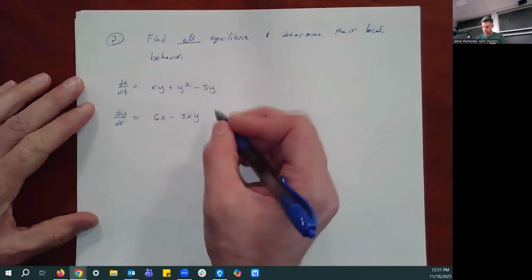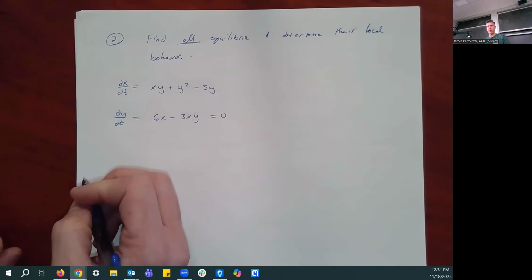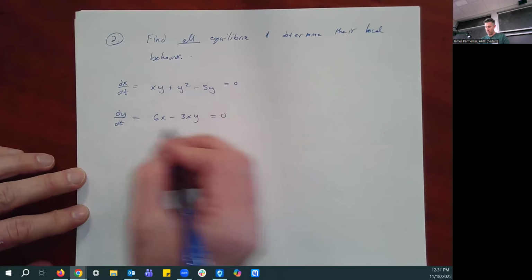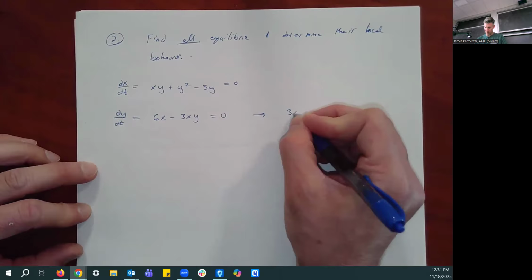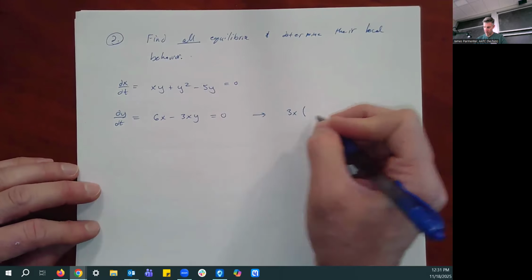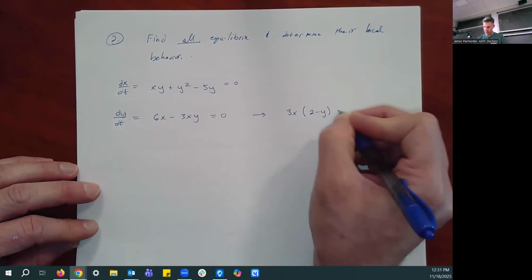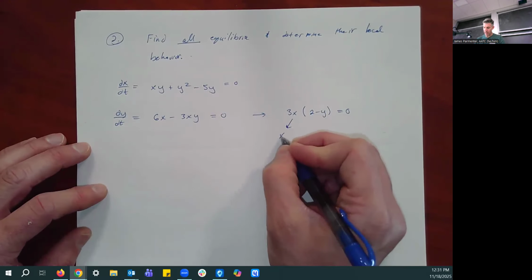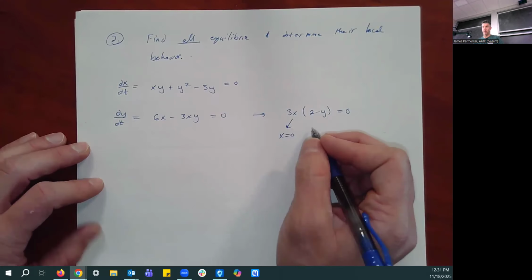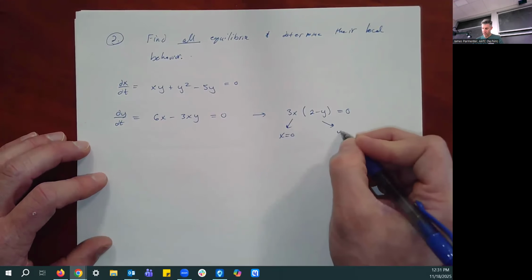In my opinion, the second one is easier, because I can factor out a 3x and say 3x times (2 minus y) is equal to 0.